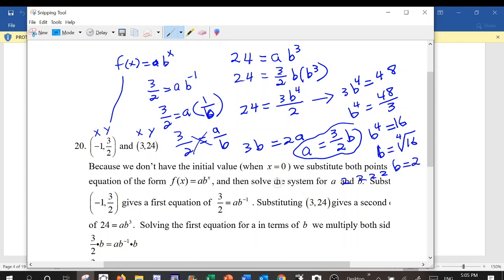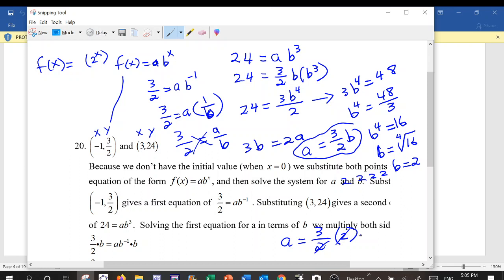So our function is f of x equals a, we don't know a yet, but we know b is 2. And what is a? Well, we know a is related to b like this, so if we know b, we know a. So a is going to be 3/2 times b.